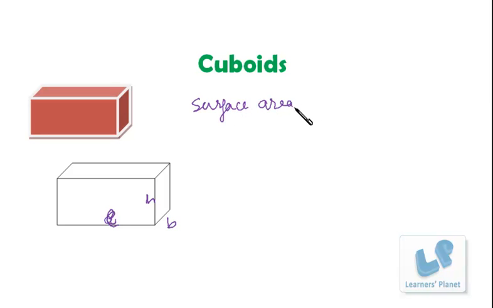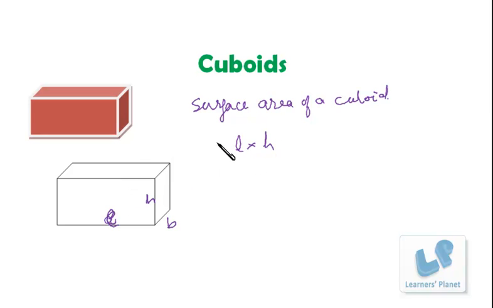So in all, the surface area of a cuboid. What will be the area of this face? That is L into H, and the same area will be there for the opposite face.